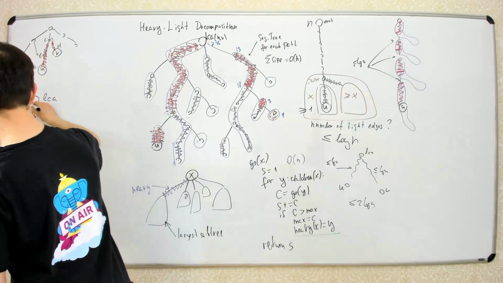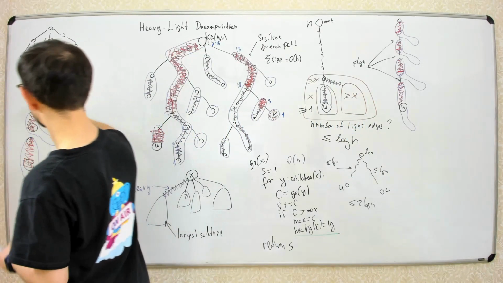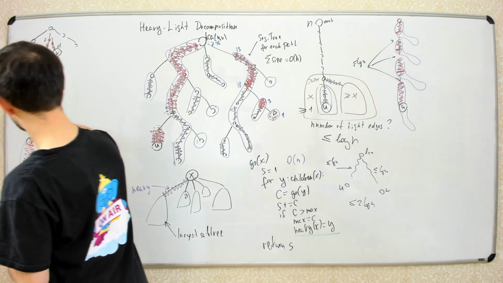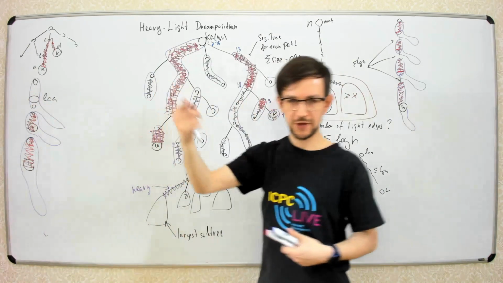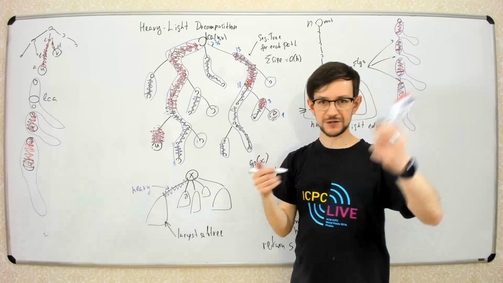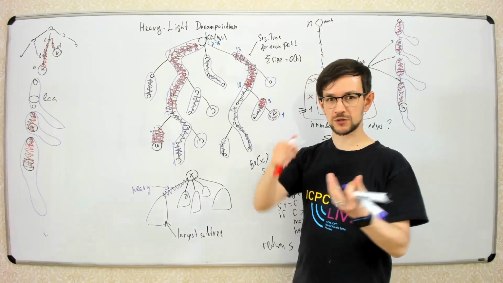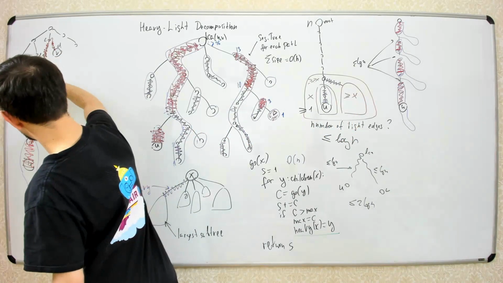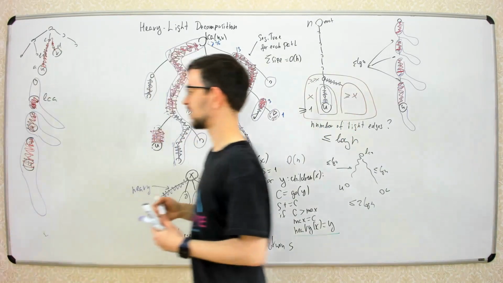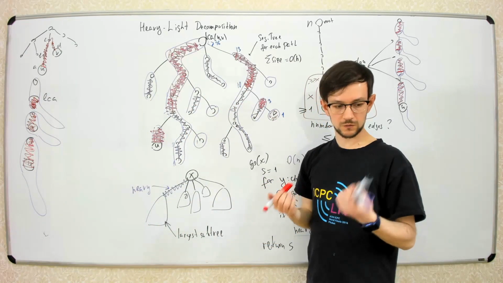At some point, we'll take a heavy path like this, and the top node of this heavy path will be above the LCA. So then this node is above the LCA. We just take all the nodes from U to LCA. So we take the sum on this segment, and that's all.